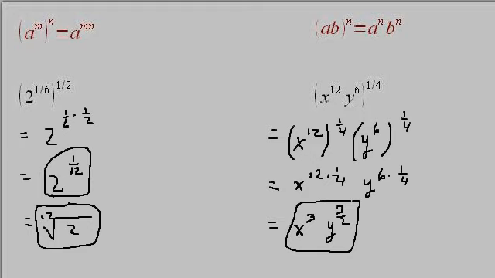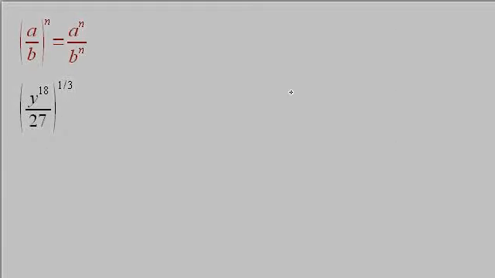Now, let's take a look at one more. We have a over b to the n equals a to the n over b to the n. So we raise each term inside the parentheses to this exponent outside.